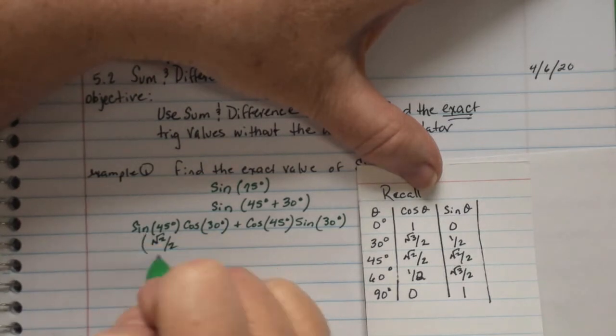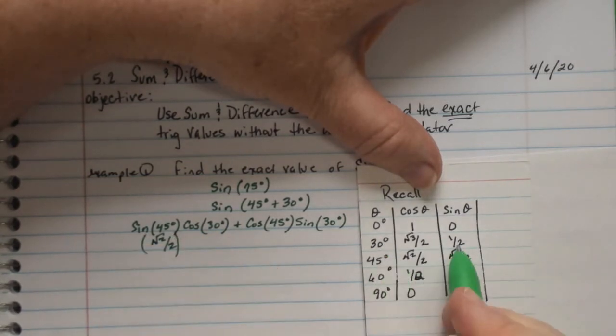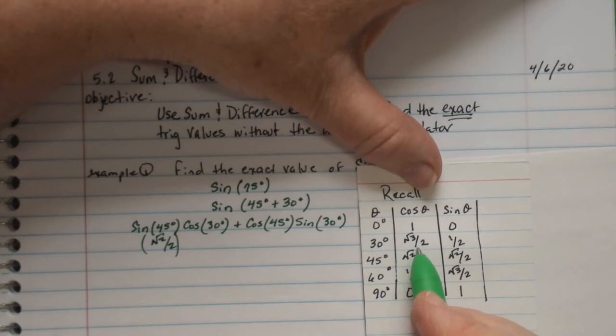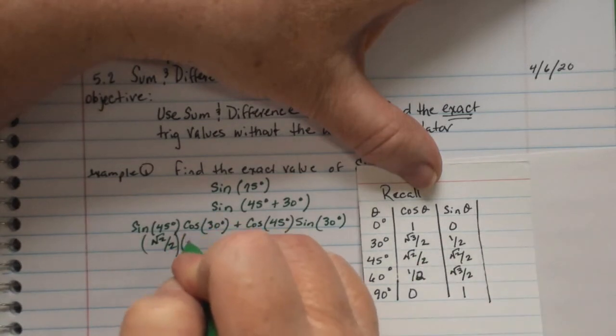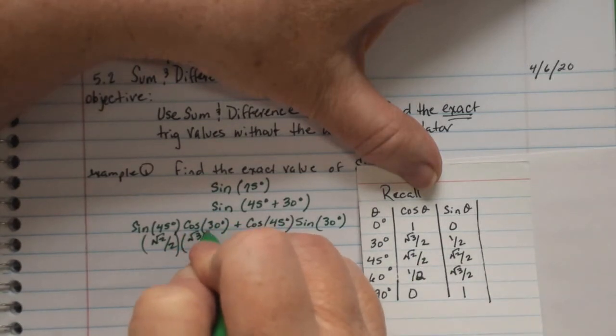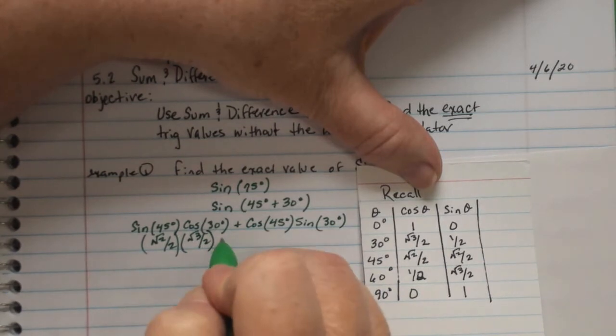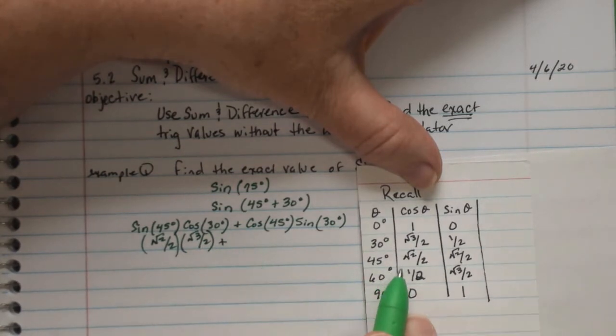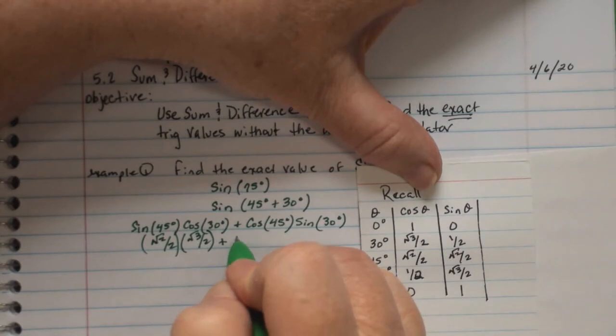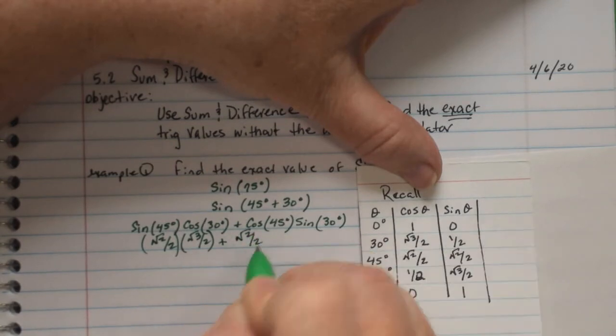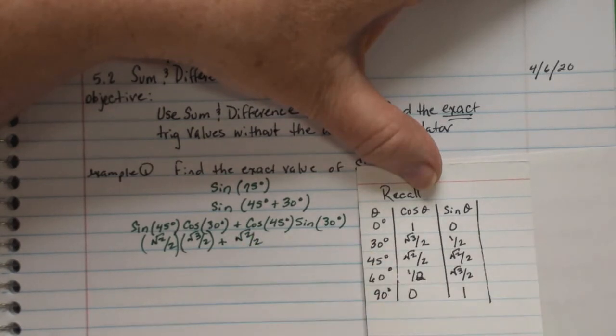We want to multiply that by the cosine of 30 degrees, square root of 3 over 2, plus cosine of 45 degrees, square root of 2 over 2, and the sine of 30 degrees, 1/2.